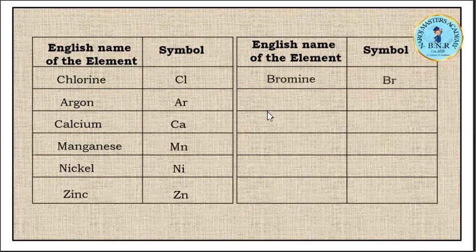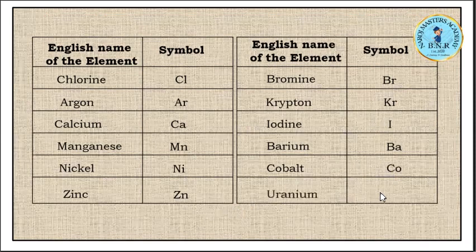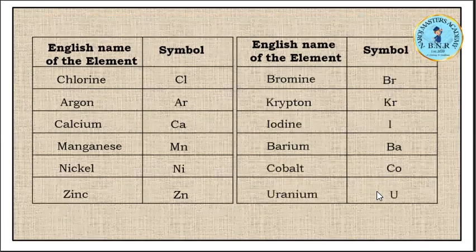Bromine, Br. Krypton, Kr. Xenon is Xe. Iodine, I. Barium is Ba. And cobalt, Co. At the same time, uranium is U. Very, very important chemical formulas and their symbols.